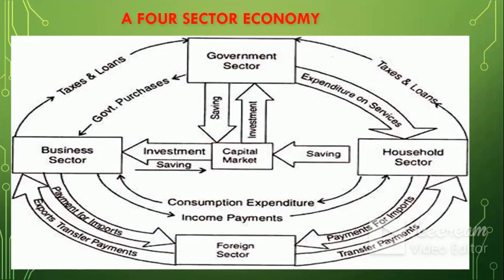If we buy more from other countries than we sell to other countries, then there will be imbalance of payment. There is no balance of payment. That's why it is the goal of every economy to have balance of payment. So I hope you understand the four sector economy.